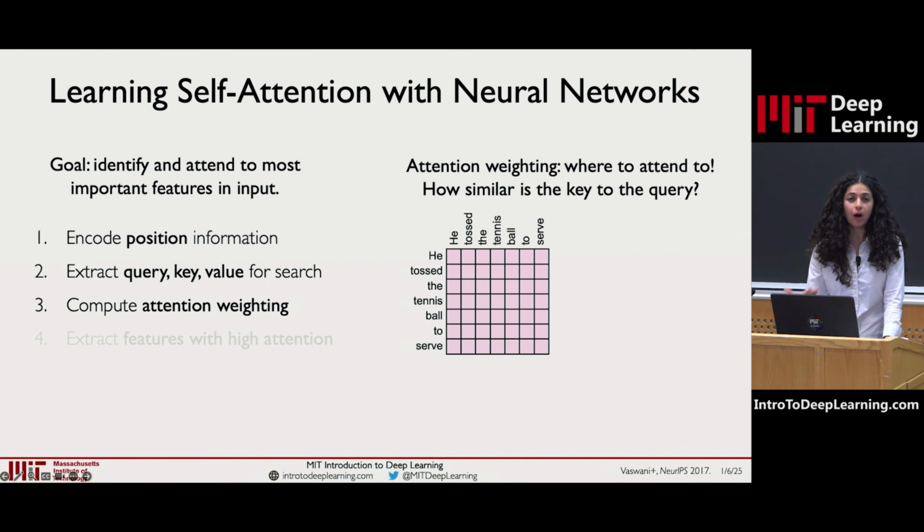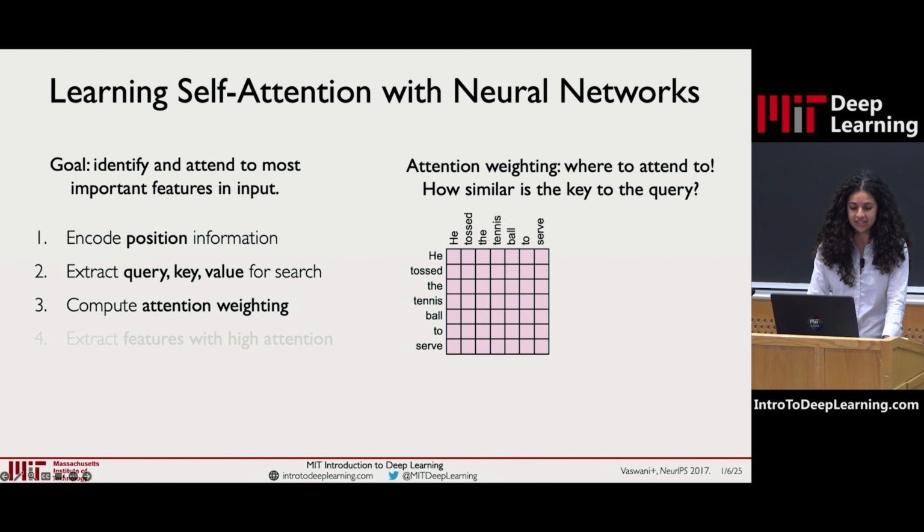Now, let's think about what this similarity computation actually means. Remember, we're trying to understand how these components of the input relate to each other. What parts of the sentence are important to each other and important to convey the semantic meaning of the sentence as a whole.